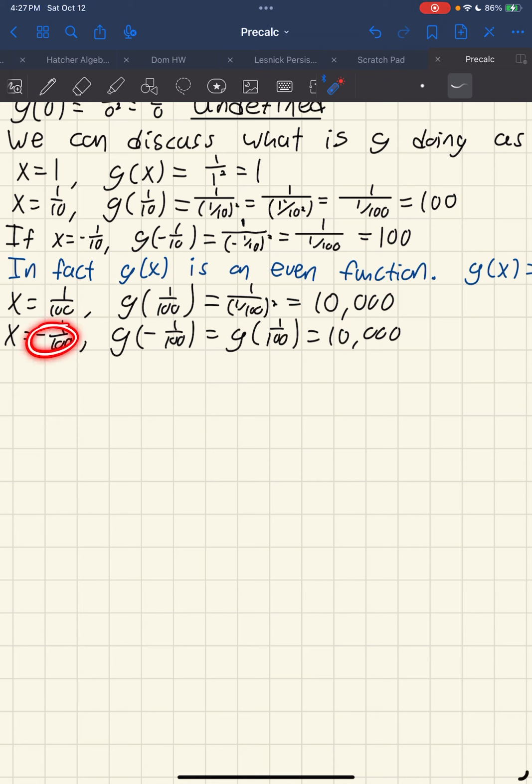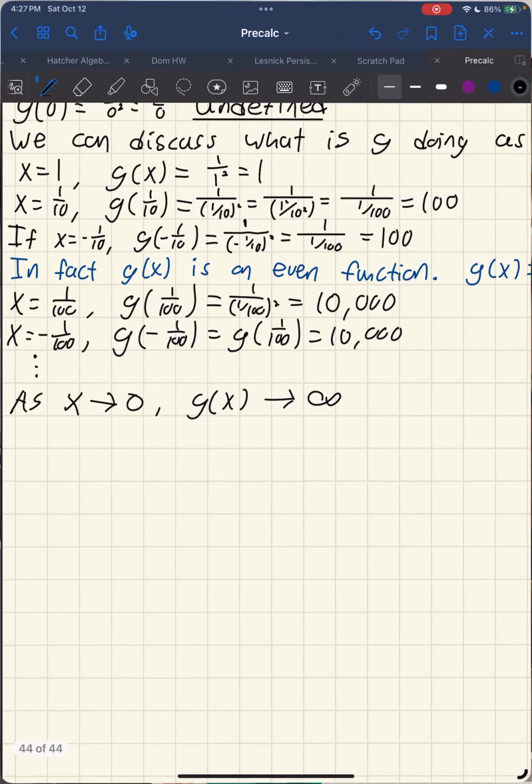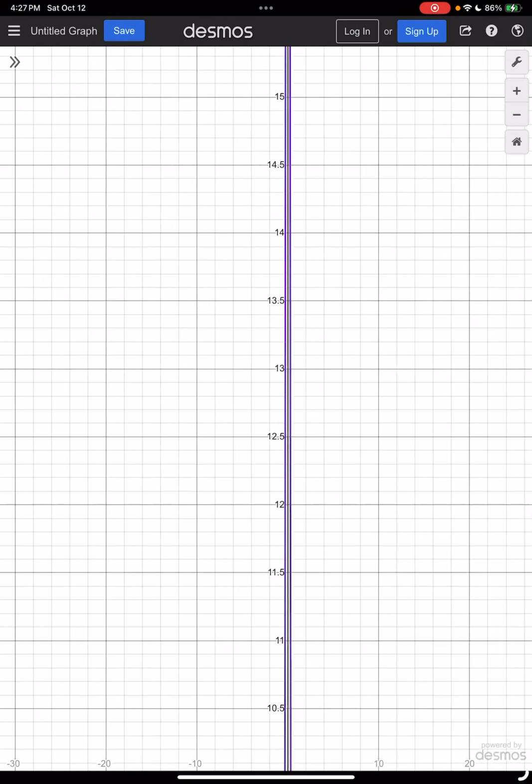And similarly, negative 1 over 1,000 would also be positive a million. So it appears, if I were to continue this process, as x gets closer to 0, g of x is going to infinity. It's getting larger and larger. There's no bound. So the closer x gets to 0, the function blows up, which is kind of what's happening here.